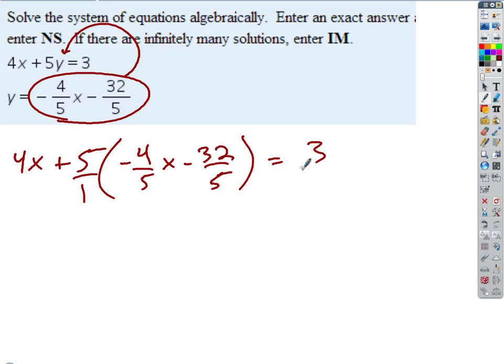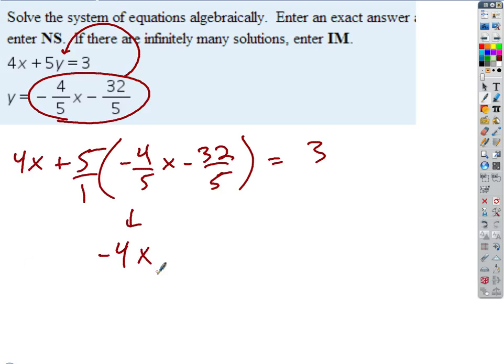If I distribute the 5/1 to the first term, let's just say I multiply straight across. 5 times negative 4 is negative 20, over positive 5 is what? Negative 20 divided by positive 5? Negative 4, sure. So this first term just gives us negative 4 times my x.